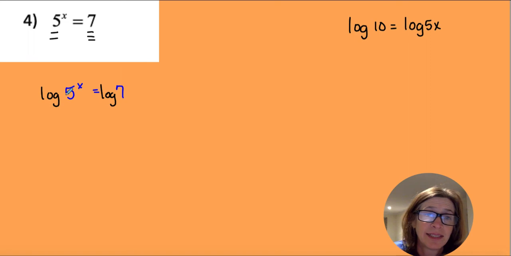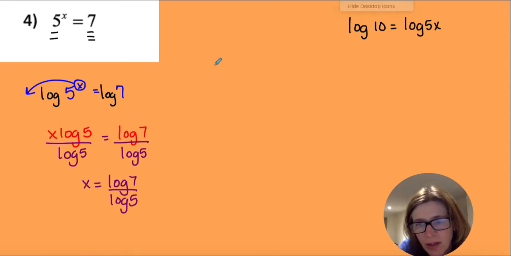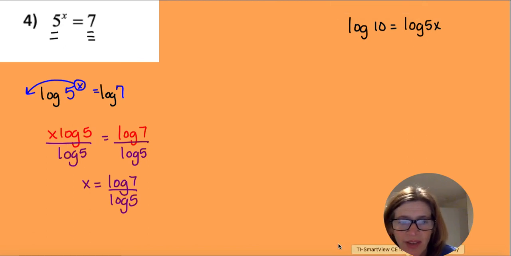I bring my exponent of x to the front. So x log 5 equals log 7. Now I want to solve for x and divide by log 5. And so then we've got log 7 divided by log 5.